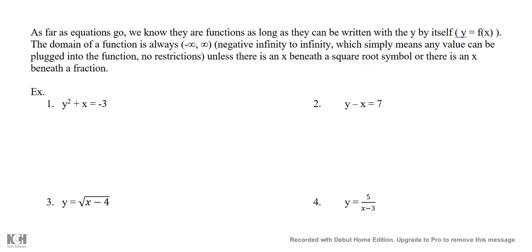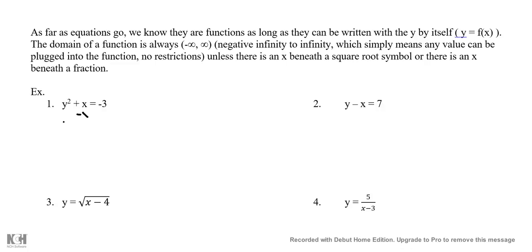For the first one, first we want to know, is it a function? And then if it is a function, I'm going to list the domain and range. If it's not a function, I'm done. So for this first example, I want to solve this for y in order to see if I can write it as a function.